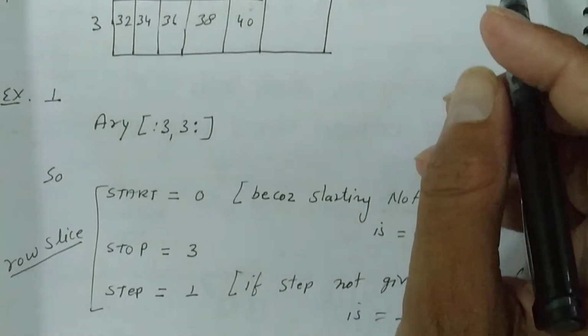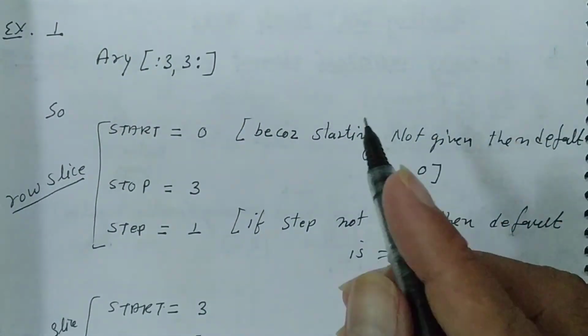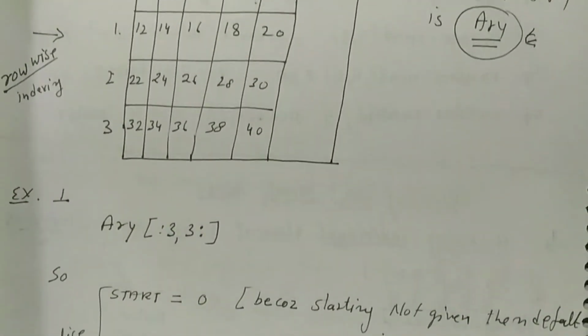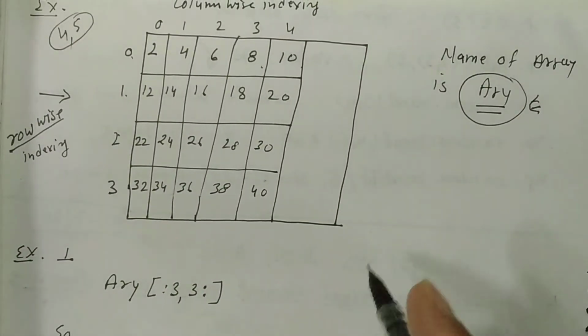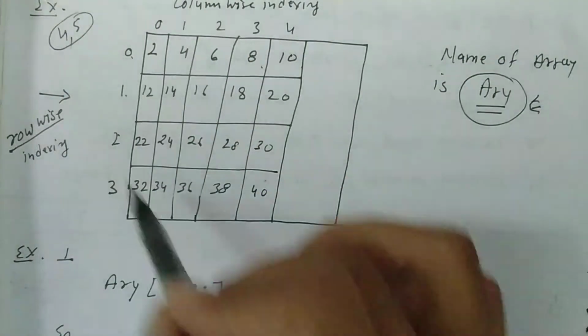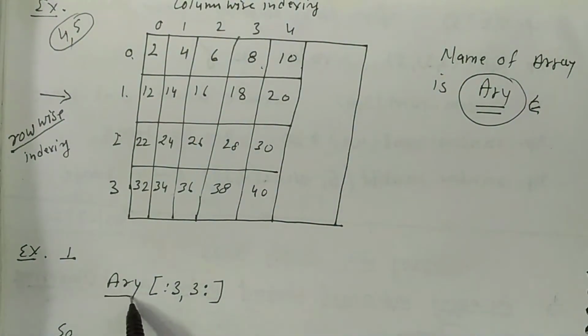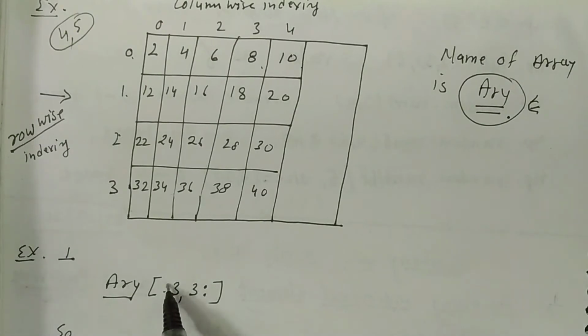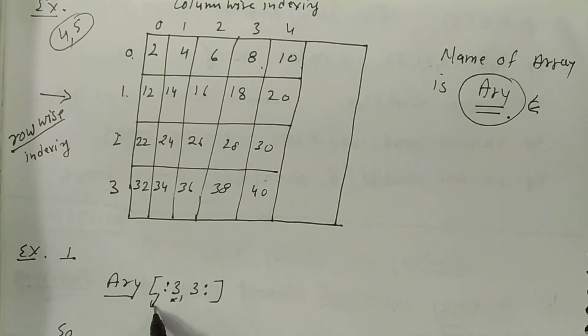Let's see the first example, students. You can see the array. ARY is the name of the array. Now you are giving colon and then 3. You understand that colon means the start is not given, but the end is given.